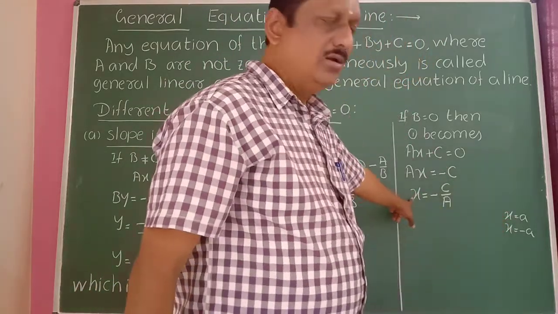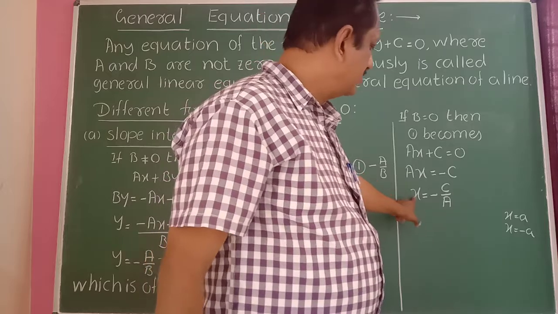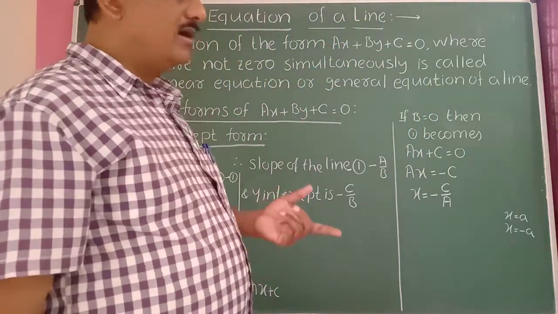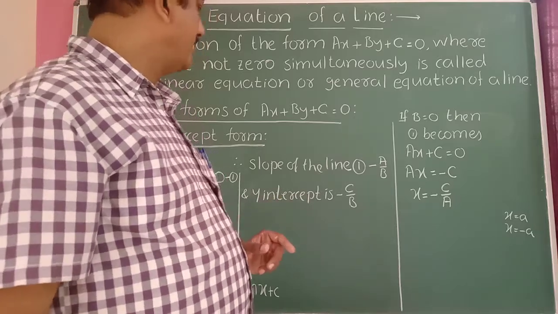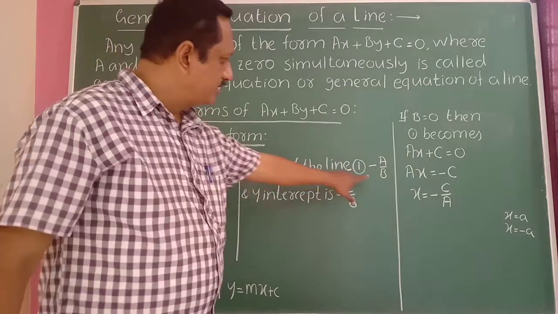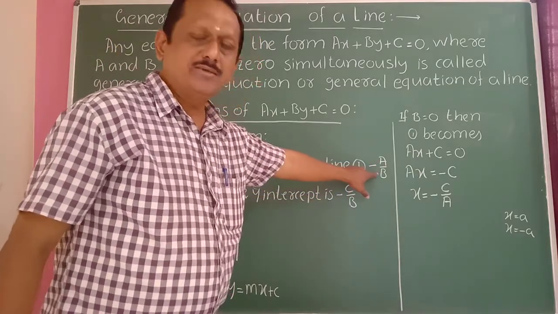So x equal to minus c upon a means this is a line parallel to the y-axis, and the slope is not defined here because b is equal to 0. If b becomes 0, any term divided by 0 becomes infinity.